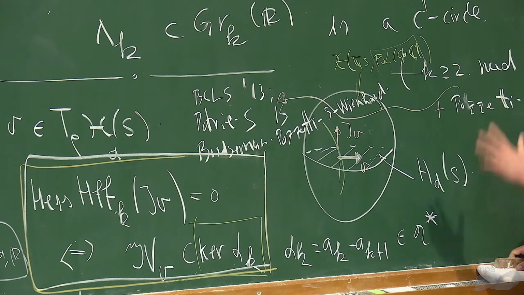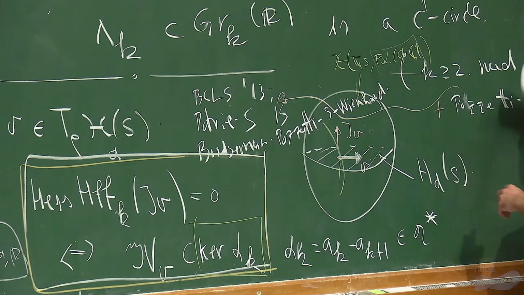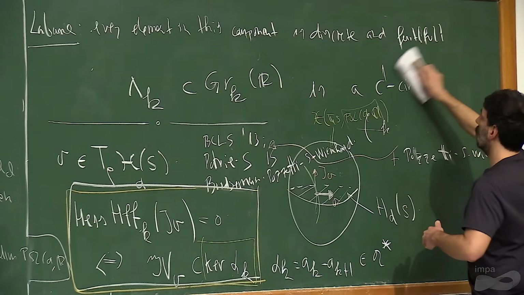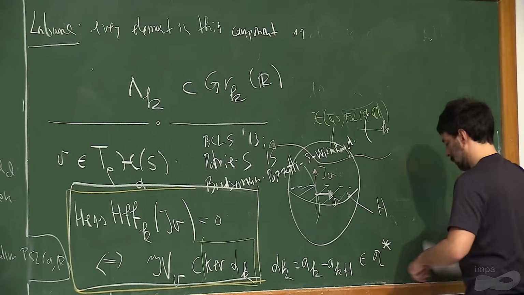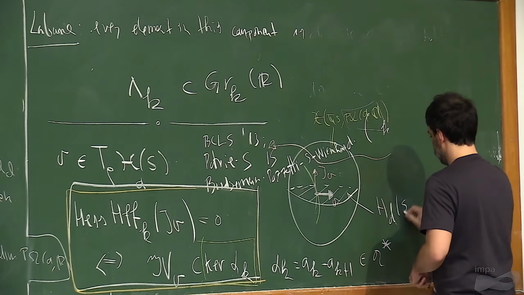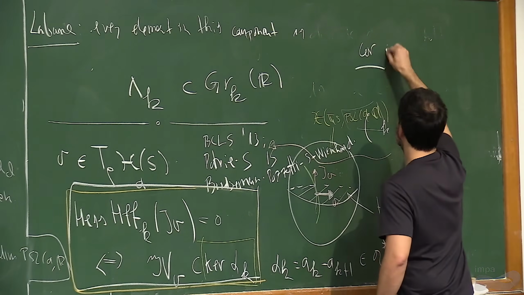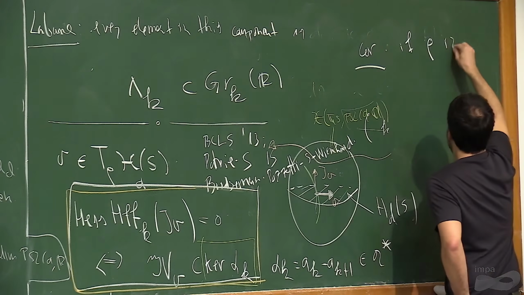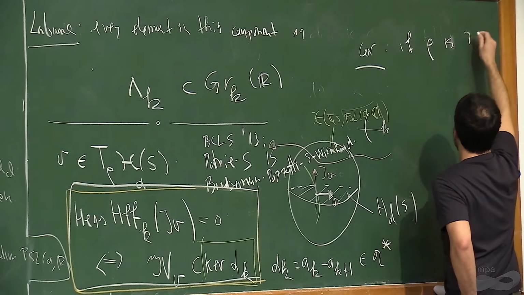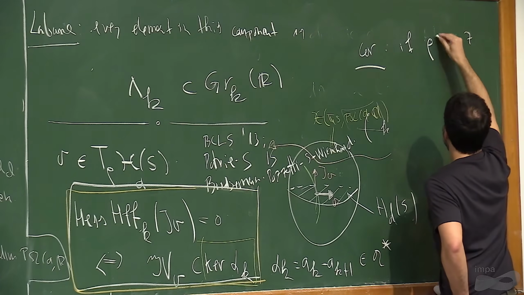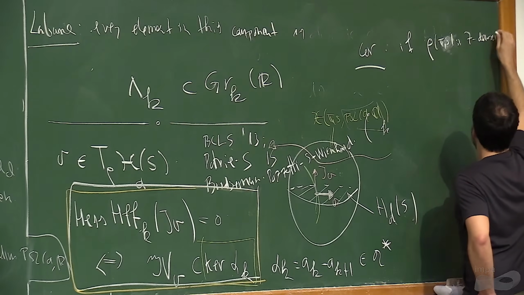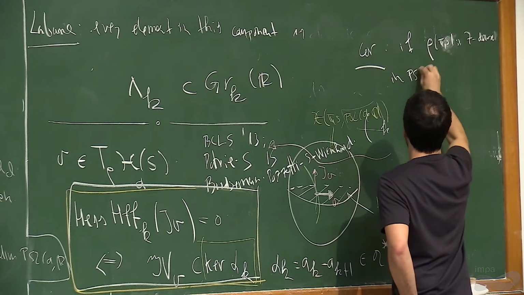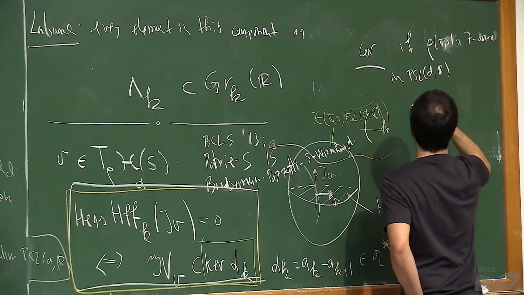And so the main theorem was saying that this didn't happen, at least when rho was Zariski dense. So let me just add this here. So if rho is Zariski dense in PSLDR, then you're good.